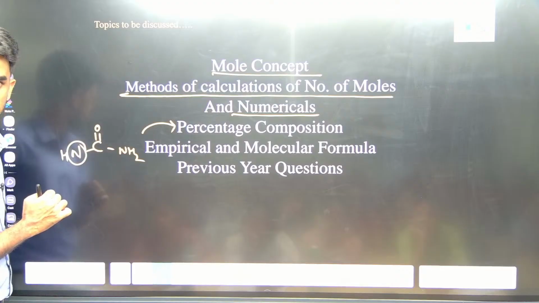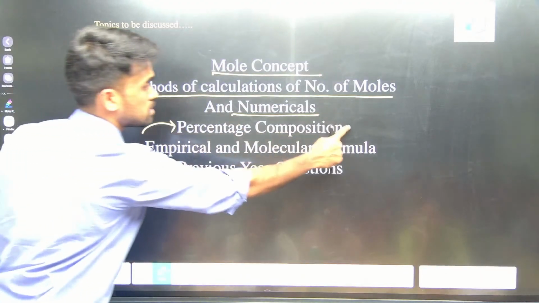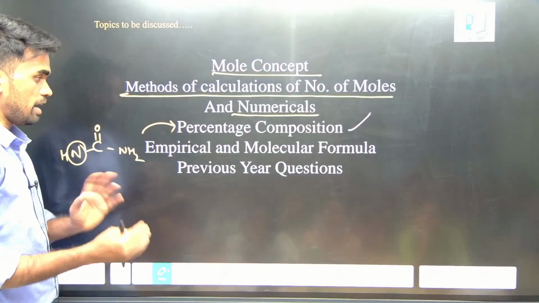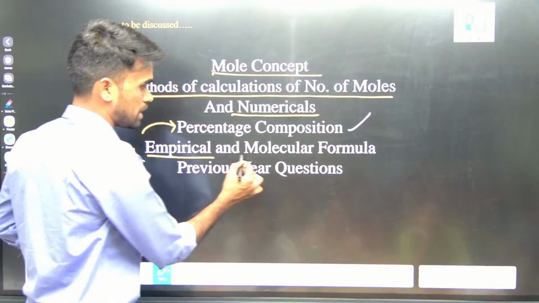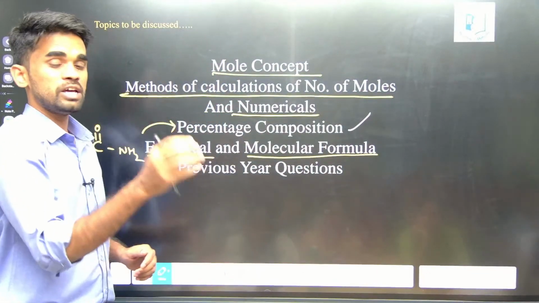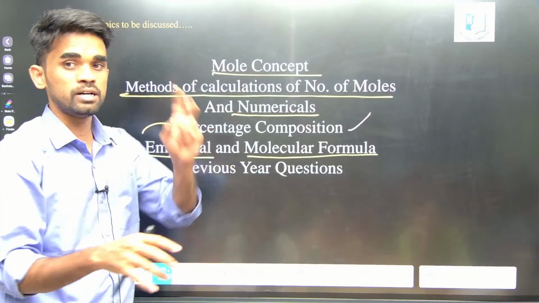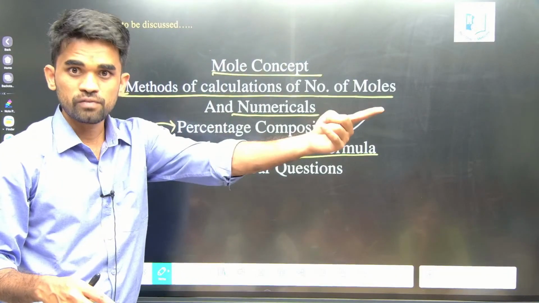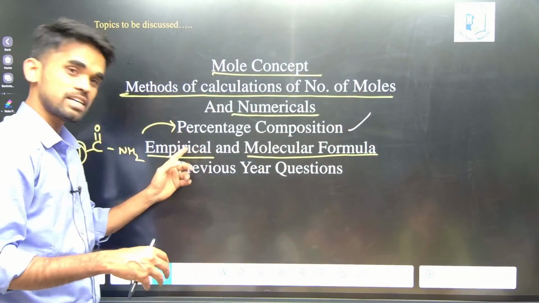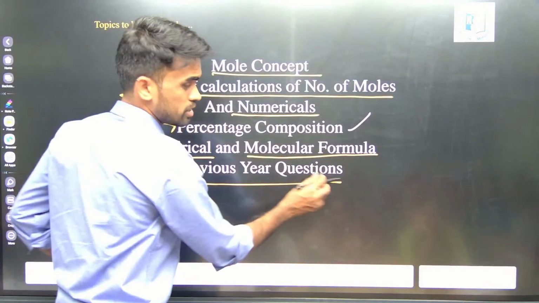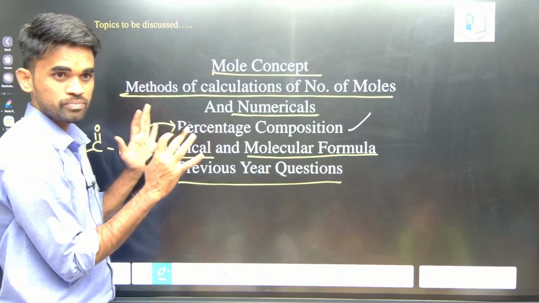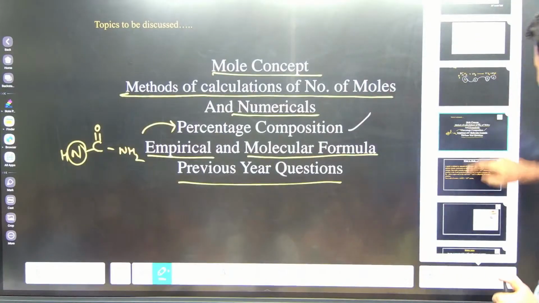That comes under percentage composition. After that there is empirical formula and molecular formula. You have studied this as a 4 marks question in your first year IPE. We will discuss that. Next, previous year questions from this mole concept. That's it. Let's go through the session.